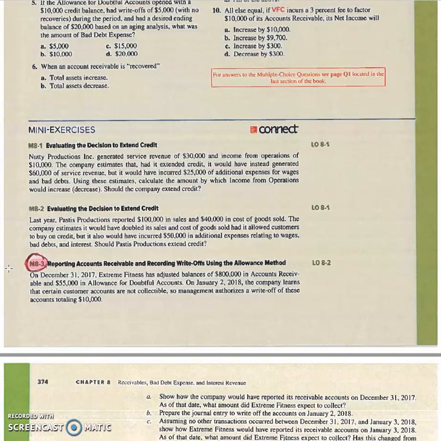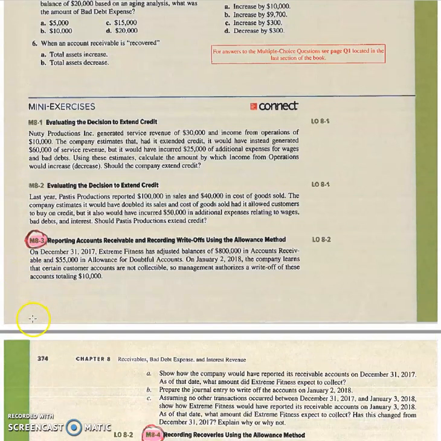On December 31st, 2017, Extreme Fitness has adjusted balances of $800,000 in accounts receivable and $55,000 in allowance for doubtful accounts. On January 2nd, 2018, the company learns that certain customer accounts are not collectible. So management authorizes a write-off of those accounts totaling $10,000.